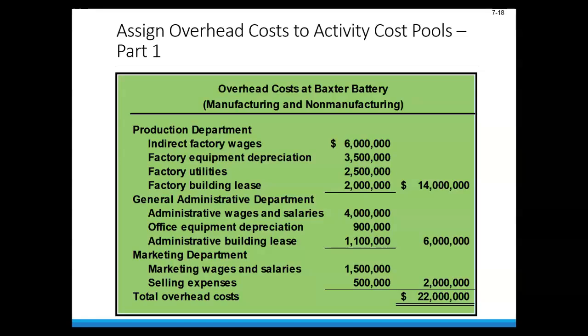So when we've got the production department, imagine we're at the factory, right? We've got all those people making product and everything and all the functioning that has to happen to keep that building going. We've got indirect factory wages, okay? So that is indirect wages, so maybe something along the lines of some kind of maintenance department that keeps the machines going.